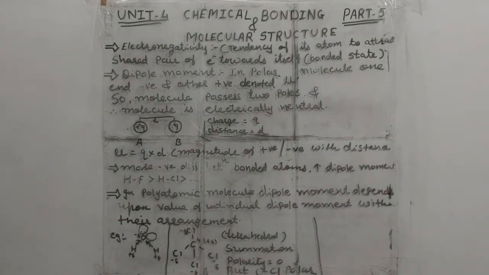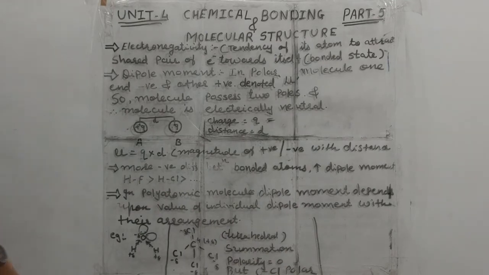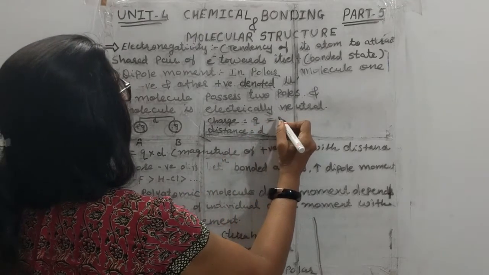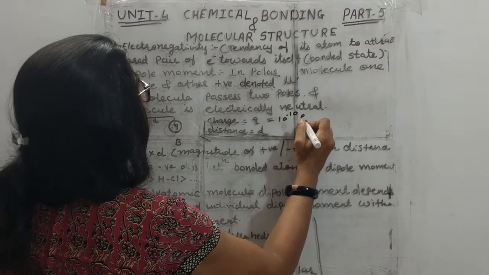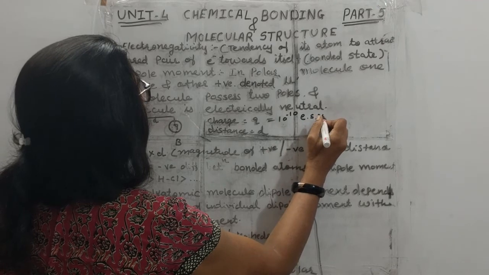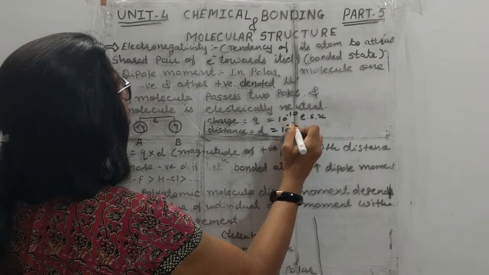And here, if we think about it, the charge Q is equal to 10 raised to minus 10 ESU. Here the unit is 10 raised to minus 10 ESU, and the distance is equal to 10 raised to minus 8.